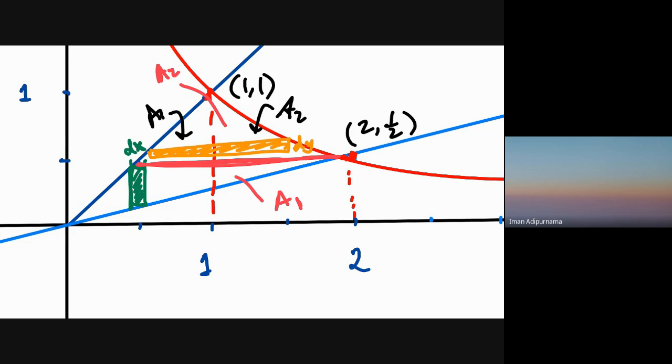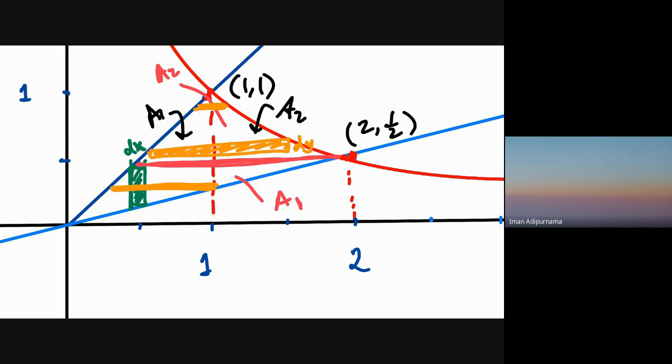If you take this rectangle from the top and compare with the bottom, the height will be different, right?